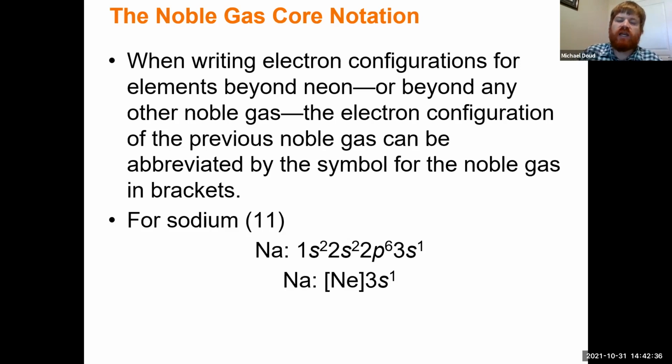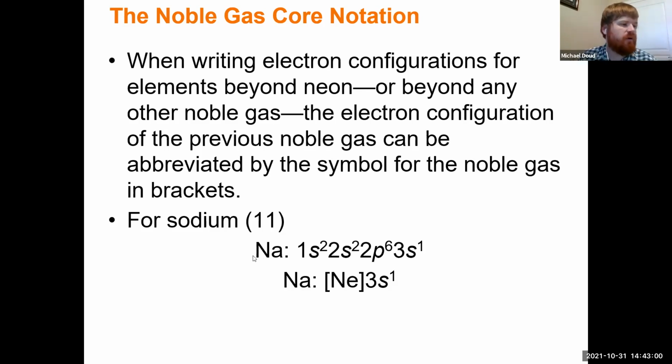So what we do, instead of having to write out 1s2, 2s2, 2p6 all the time, is we use what's called noble gas core notation. When we have an electron configuration for any element beyond neon, the electron configuration of the previous noble gas is assumed, and it's abbreviated by writing it in brackets. Sodium is a really good example.